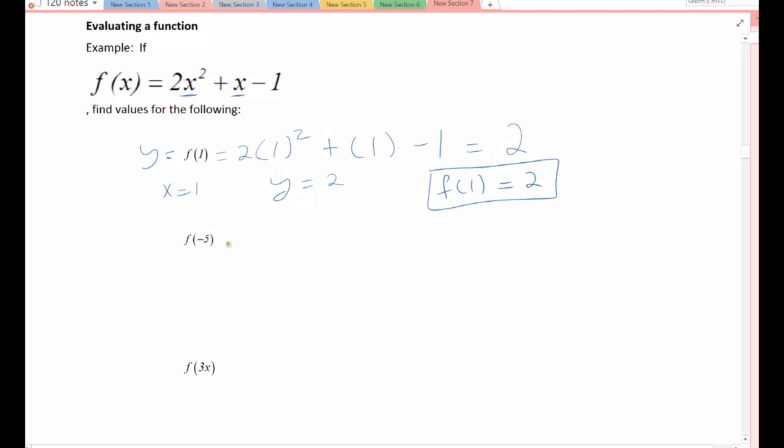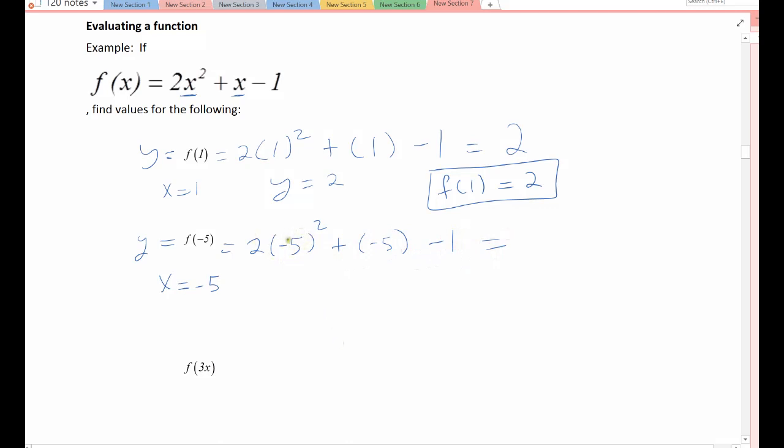I do the same thing for negative 5. I want to find my y value. My x value is negative 5. So I'm going to take 2 times, and be careful, it's negative 5 squared. Make sure you put parentheses around this negative 5 so you remember to square the negative. If you don't put parentheses here, you'll get the wrong answer. Plus a negative 5 minus 1. So again, make sure you're careful.